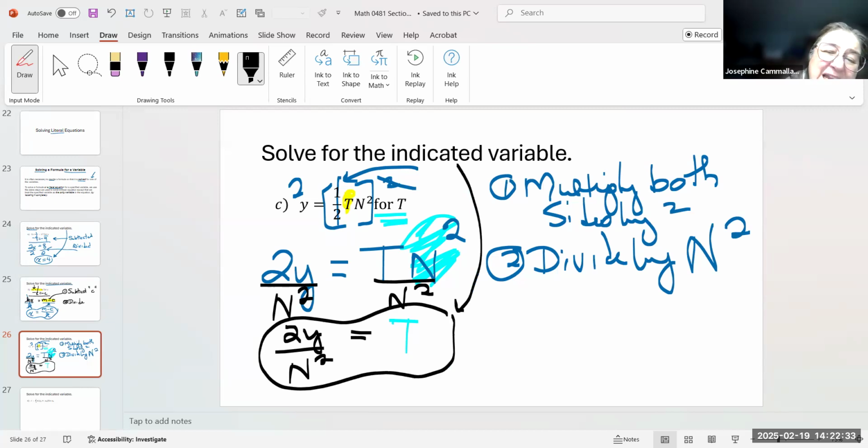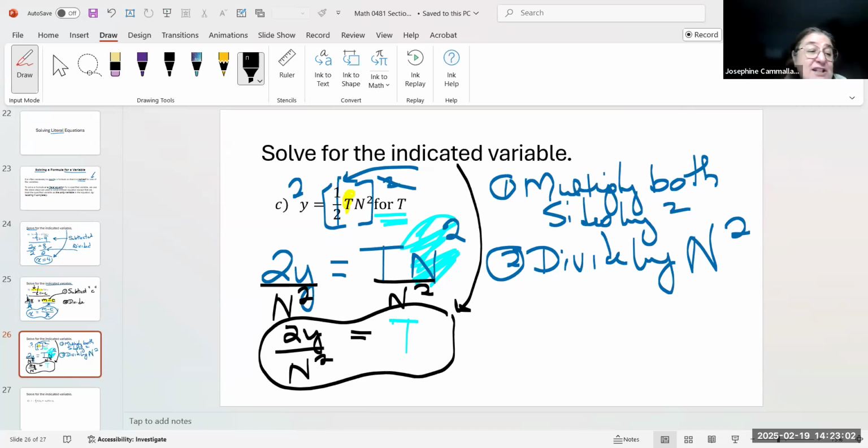This is for my indicated variable. Very easily done. Aunt Sally makes dumplings. Or David makes dumplings, because I got to get rid of the fraction first.